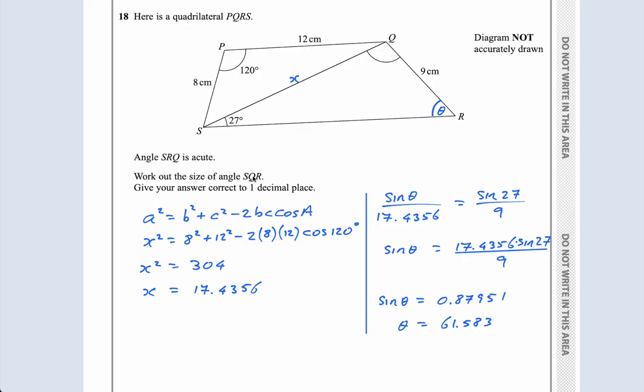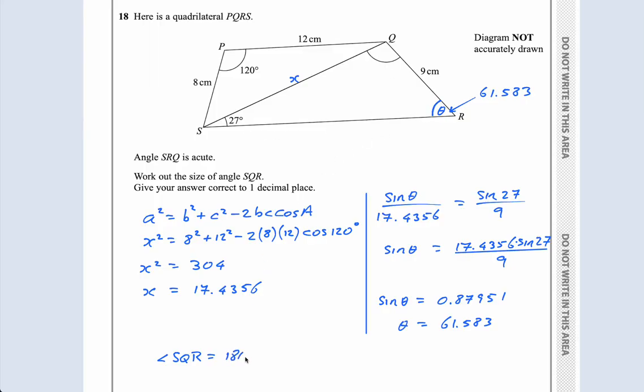I'm trying to find angle SQR. So angle SQR is then equal to, because this, guys, is now 61.583, it's just going to be 180 minus these two.